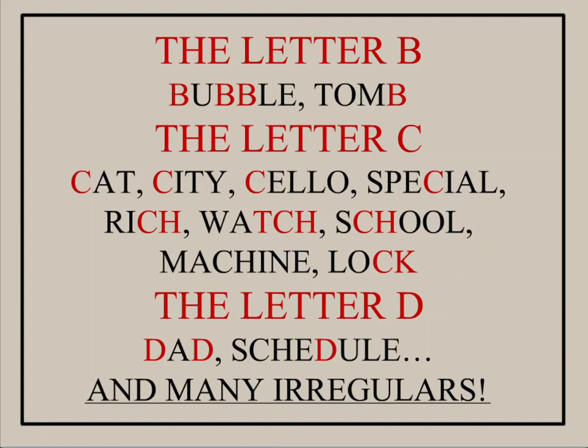We remember the sounds of the letter C with the words cat, city, cello, special, rich, watch, school, machine, and lock. We remember the sounds of the letter D with the two words dad and schedule. And we also remember that there are many irregulars.